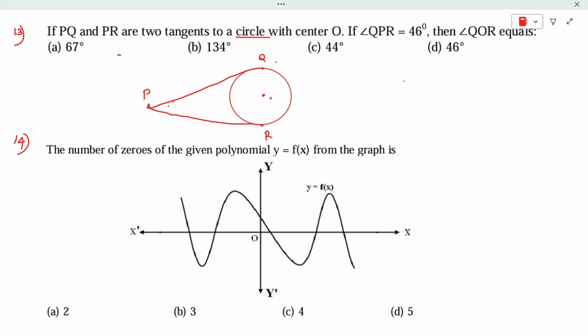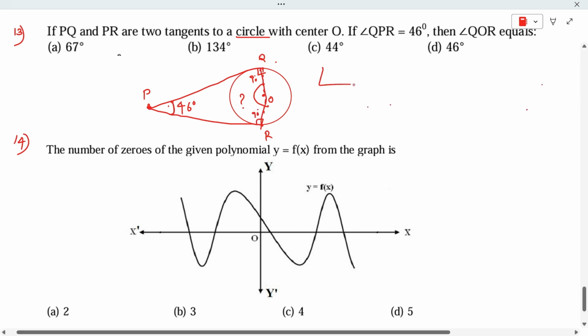So the center is O. So I'm joining this also. Now they have given angle QPR is 46 degrees and I need to find what is angle QOR. So in order to find angle QOR, you know the concept. The radius OQ is always perpendicular to the tangent to a circle at the point of contact. So similarly, OR is also a radius, so this will be 90 degrees.